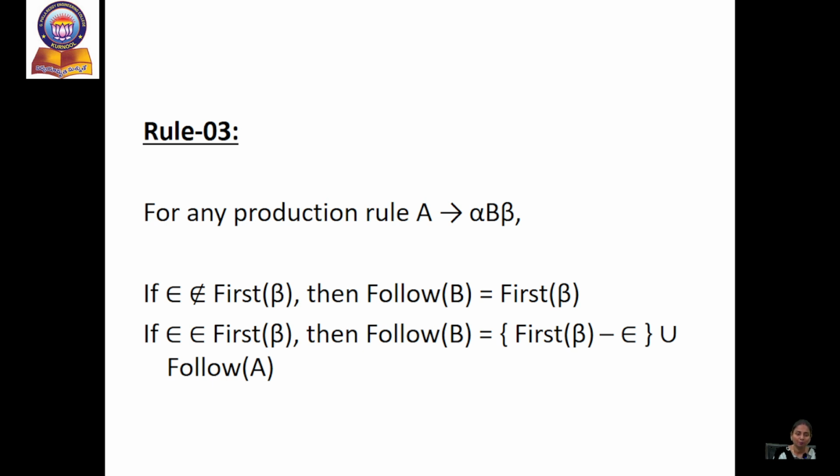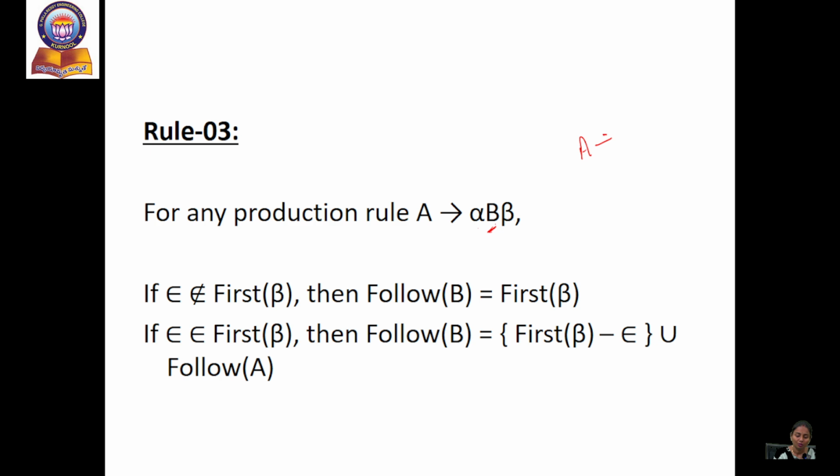That is rule 2 for calculating a follow function. Coming to rule 3, if the production is of the form A derives alpha B beta, then you are asked to find the follow function of B. If a terminal appears immediately to the right of that non-terminal, then we can take that terminal directly. But if it is a non-terminal, then we have to consider the first function of that non-terminal.